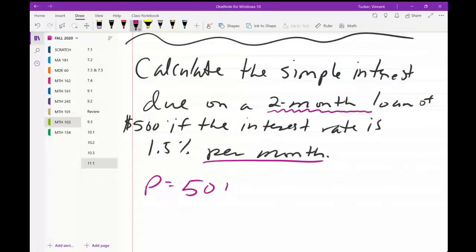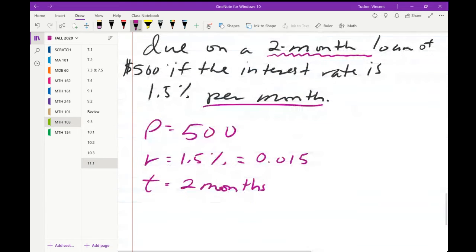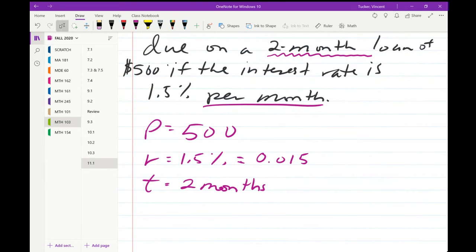But P is 500. My rate is 1.5%. Move the decimal 2 places to the left, so it's 0.015. And time is 2 months. Once again, since it says per month, my rate is per month.